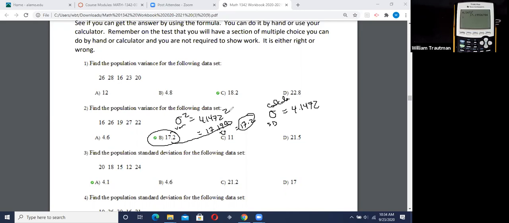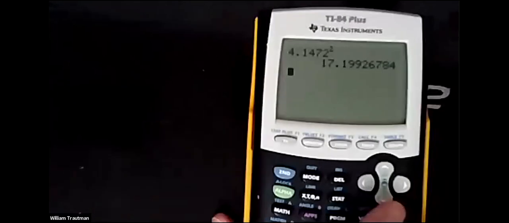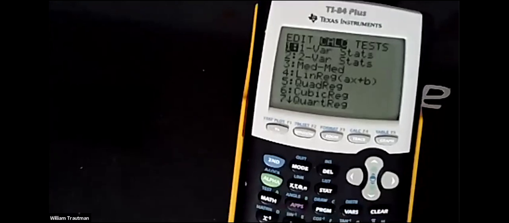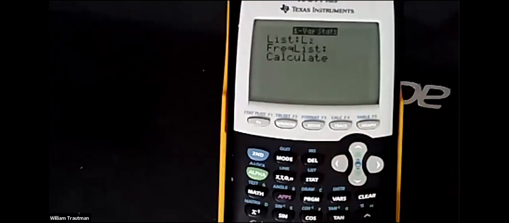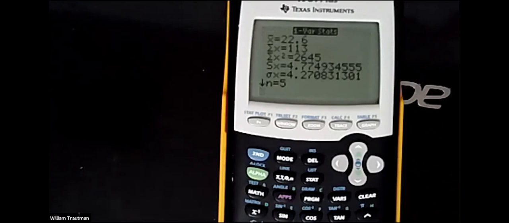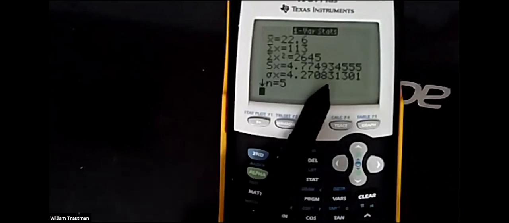All right, so let's do number 1. Stat, calculate, and I have it in list 1, so I'm going to put list 1, second, number 1. And when I hit enter, enter, enter, I get 4.2708.